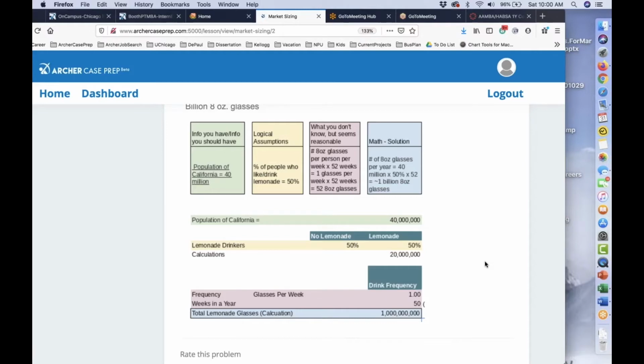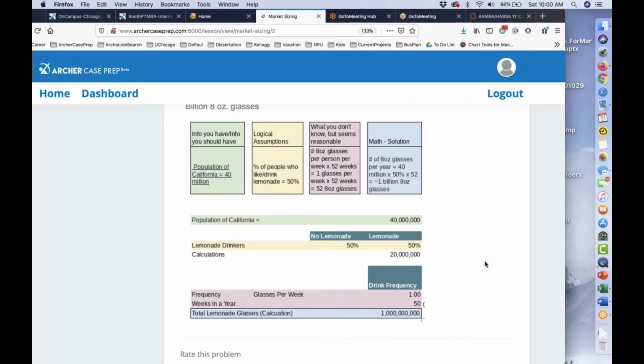It's hard to talk through math. Anyway, I reached 3 million glasses of lemonade a day, and I multiplied that by 360 days a year, and I got around 1 billion glasses. Great. So we actually got very close to the number that's here. I did, yes. Nice. Excellent.